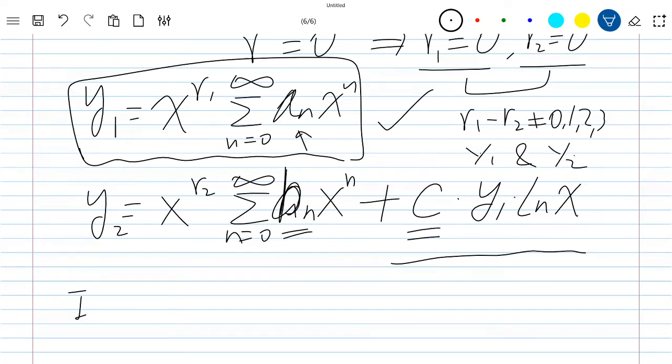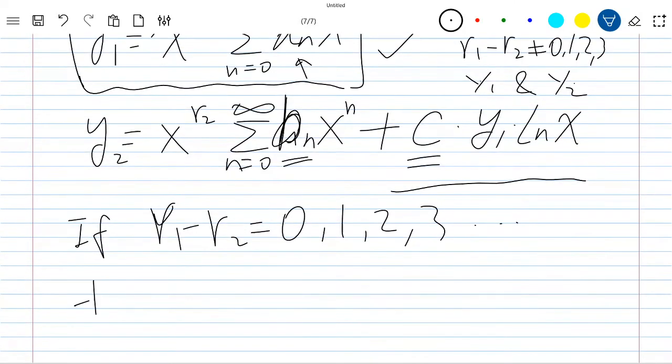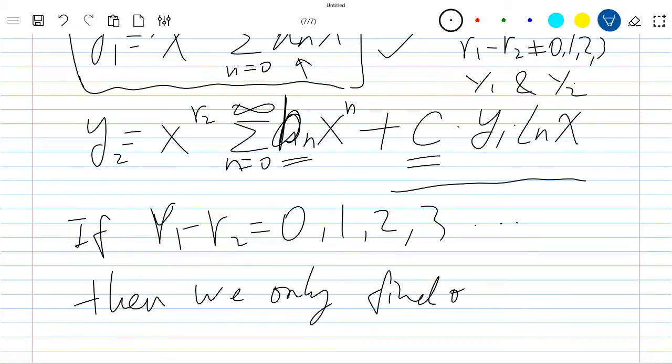And if r1 minus r2 equals 0, 1, 2, 3, etc., then we only find out y1. Okay, because we have to use a different technique to find out y2.